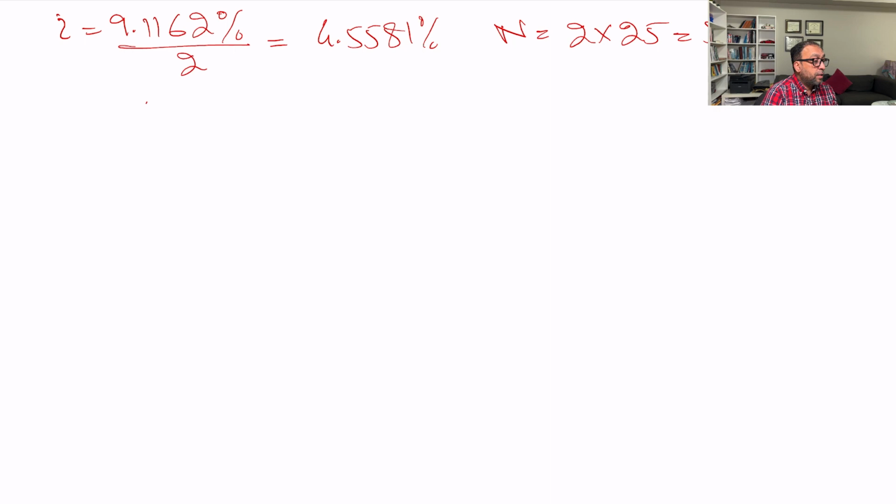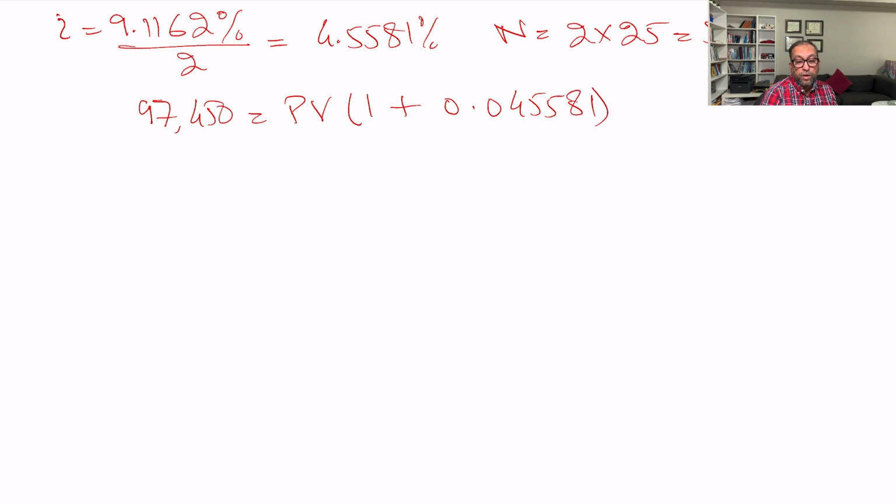So the future value is 97,450. The present value we want to calculate, so 1 plus 0.045581 exponent 50. If you solve it, you get the present value equal to 10,490.95.